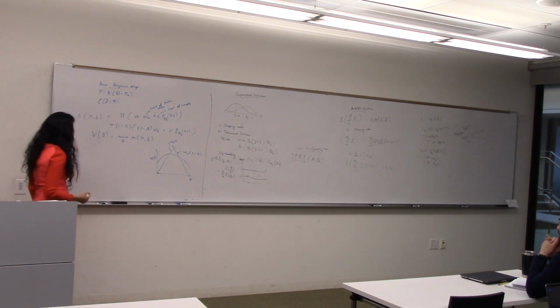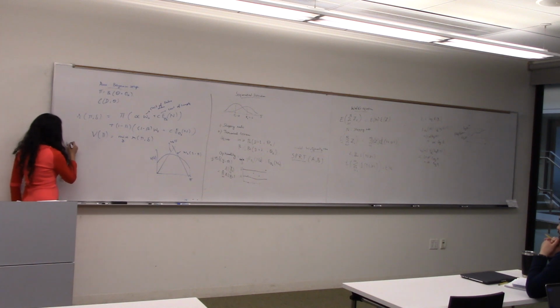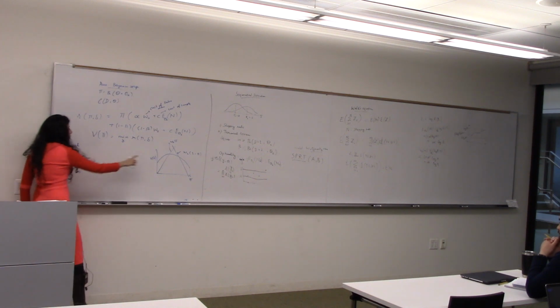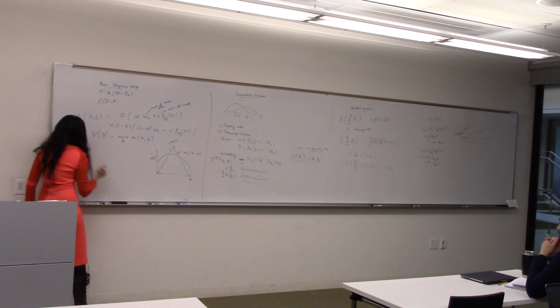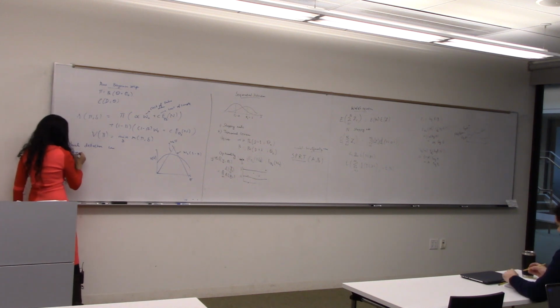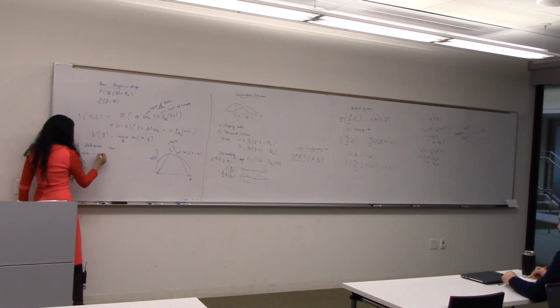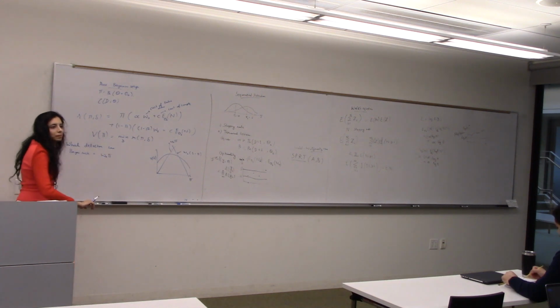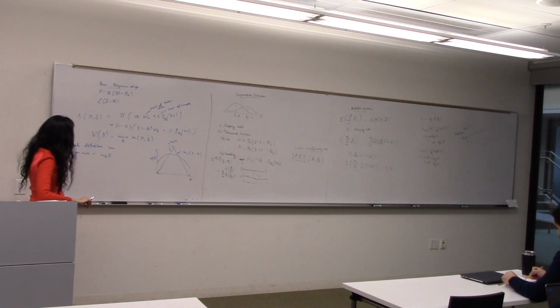So is there a detector that achieves risk equal to this line? How do I achieve this value?